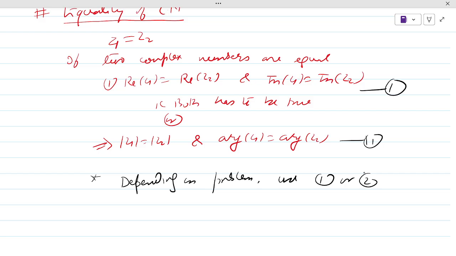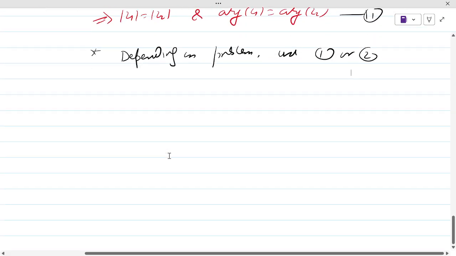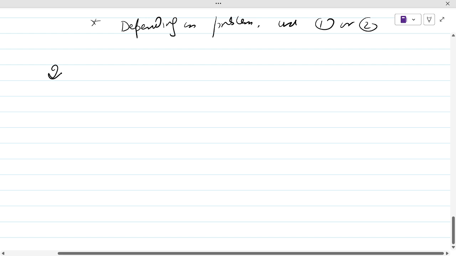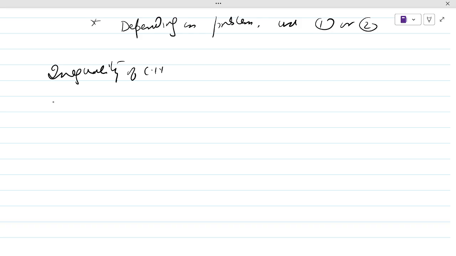See, if someone says z1 is greater than z2, this is inequality, but comparison between two complex numbers is not allowed.